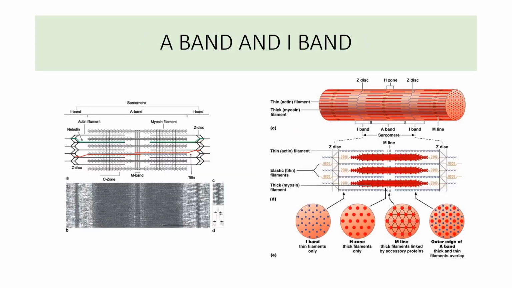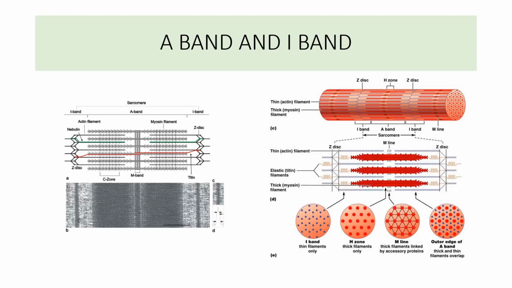Next term is A band and I band. The A band and I band are parts of the sarcomere. The I band is present between the Z lines and is known as the isotropic band. That is, plane polarized light can pass through the I band, and it is formed by the thin filaments only.